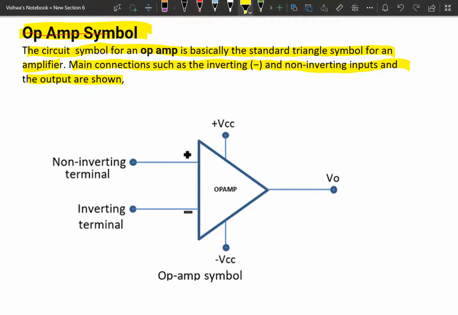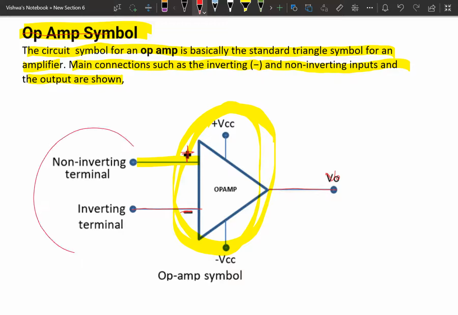The main part of the circuit is represented by the triangle. So this is the symbol of op-amp and it has three terminals. One is the non-inverting terminal, that is for positive, the inverting terminal, that is represented by negative, and one output, that is V out.